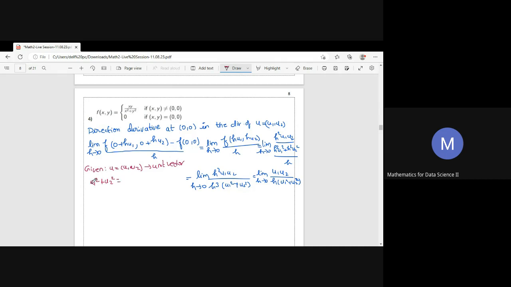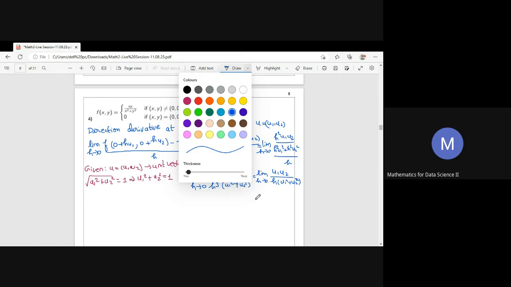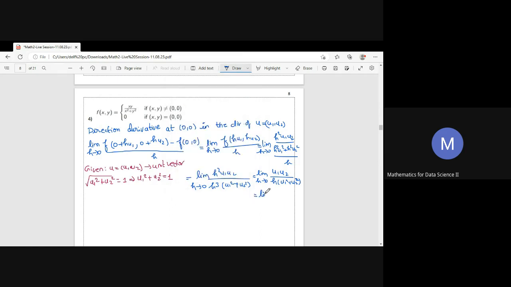What is the norm of a unit vector? It is the square root of this, and you know that the square root of this is equal to 1. So u1 squared plus u2 squared is 1. Now this term you can replace with 1. So this becomes the limit as h goes to 0 of u1 u2 by h.